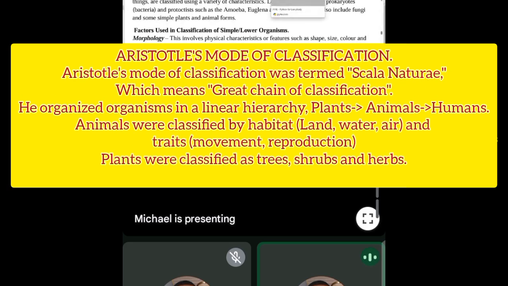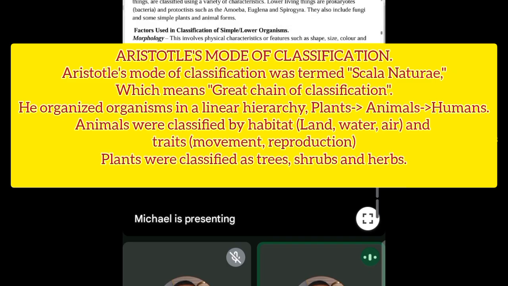Aristotle was the one that first started classification, and he just used superficial characteristics, for example how organisms move. That's how he classified animals. Organisms that walk were in one group, those that could fly, those that could swim, and so on.